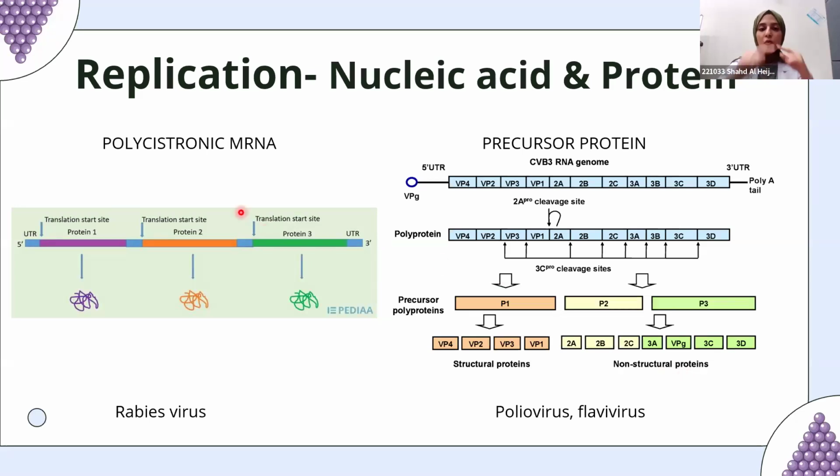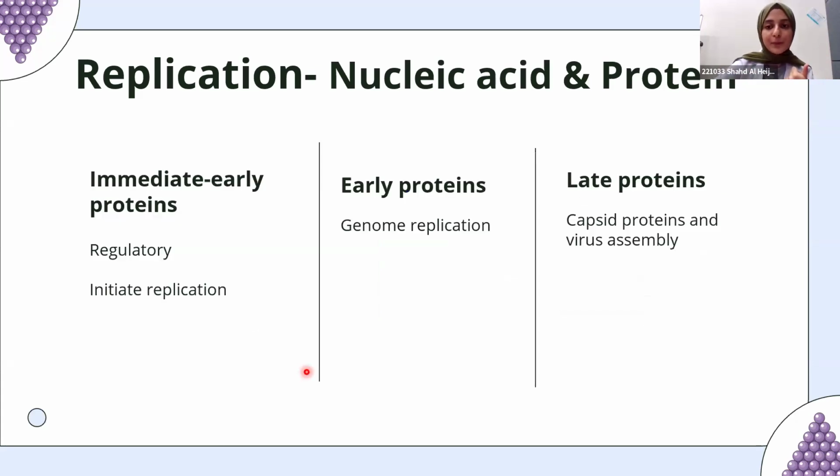So polycistronic mRNA: one mRNA, many proteins. Precursor protein: one mRNA, one protein broken down into many proteins. This is seen in poliovirus and flaviviruses, while polycistronic mRNA is in rabies virus. That's basically it.